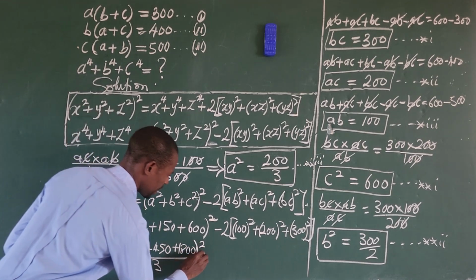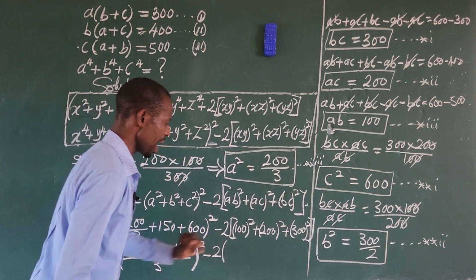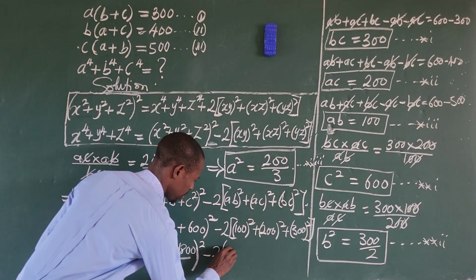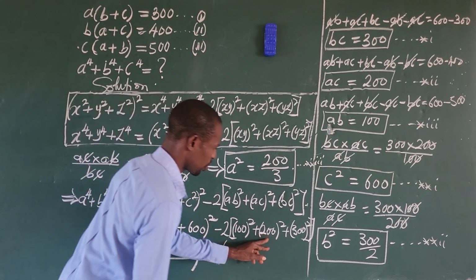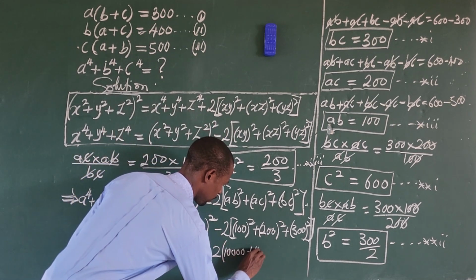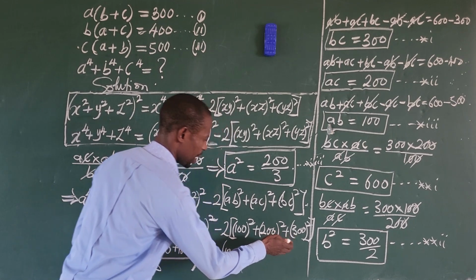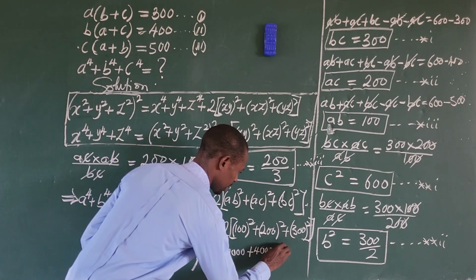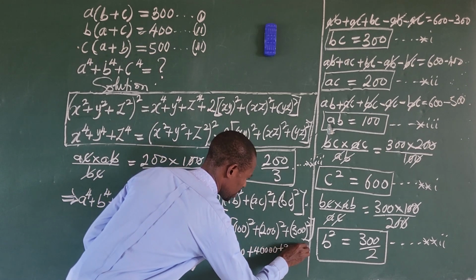All squared, then minus our 2 into the square of 100 will give us 10000, plus the square of 200 will give us 40000, please. Then the square of 300 will give us 90000.